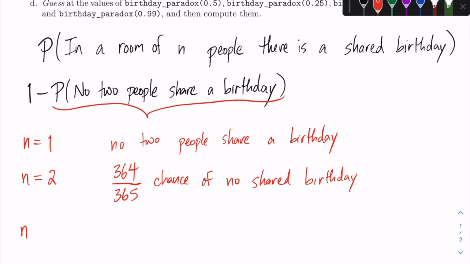For n equals 3, well, first what we need to happen for n equals 3 to work, the third person walks into the room, is first we need for the 2 people that are in the room to not share a birthday. And then what do we need? Well, we need that the third person who comes in the room has one of those remaining 363 birthdays.